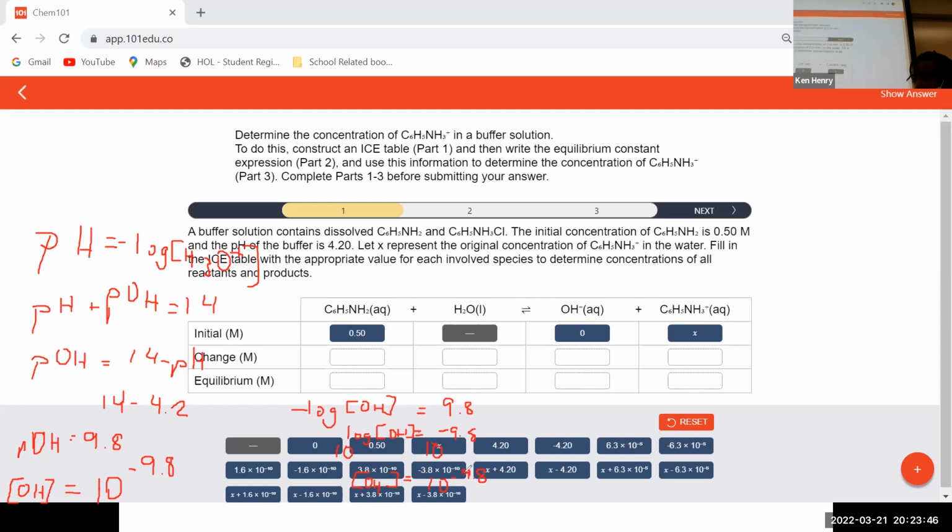Does that make sense? Do you want me to move this so you can actually see it? Yeah.